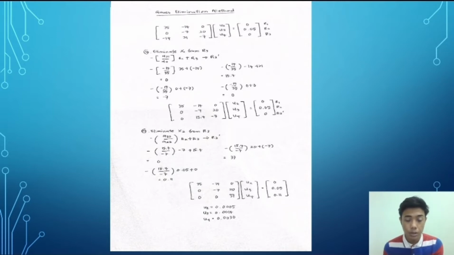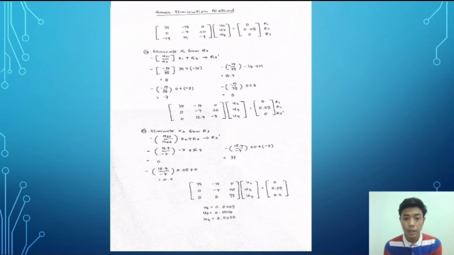So we use the formula negative A32 over A22 R2 plus R3. So we insert the value for A32 and A22. So from that we get the 15.4 over negative 7 minus 7 plus 15.4.